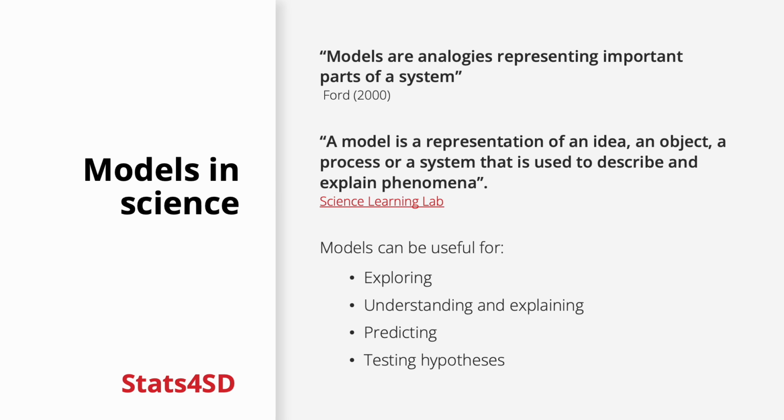I agree, but I don't find it a helpful explanation of why they're important. The Science Learning Lab website, that there are references to on the screen, has a good simple introduction that starts by saying a model is a representation of an idea, object, or process, and I think that's more understandable.